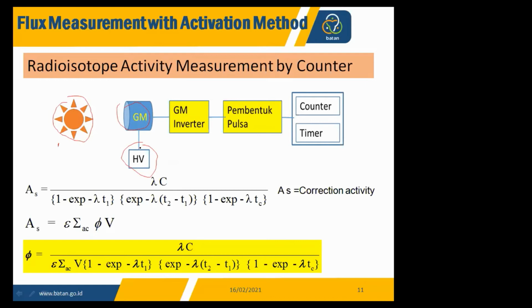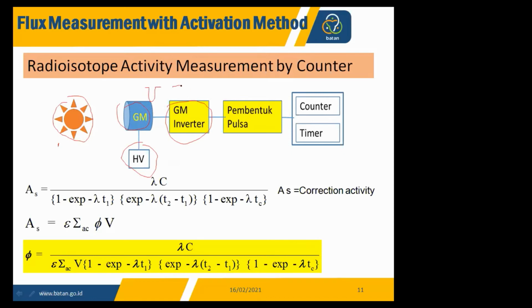and a pulse inverter. This is the pulse inverter because the output from the GM tube is a pulse with negative polarity, like this one.